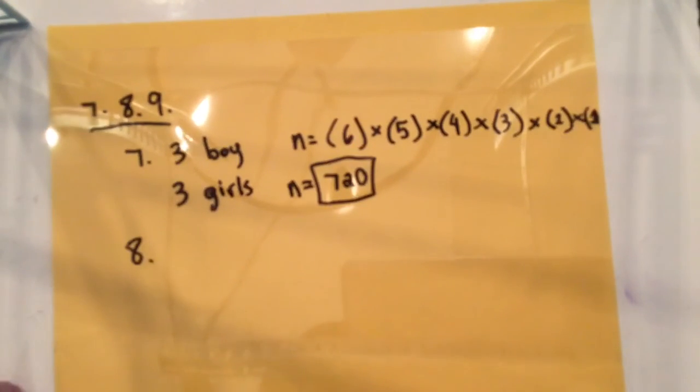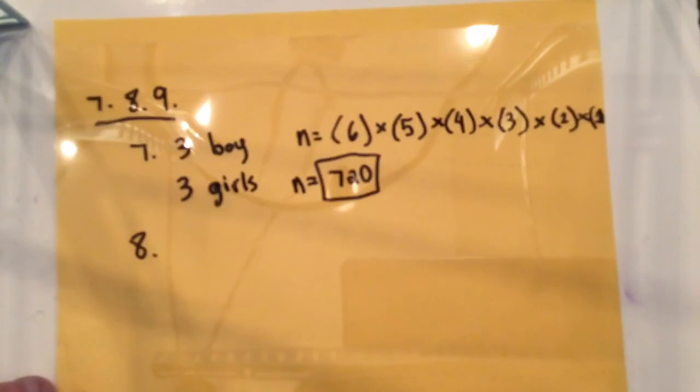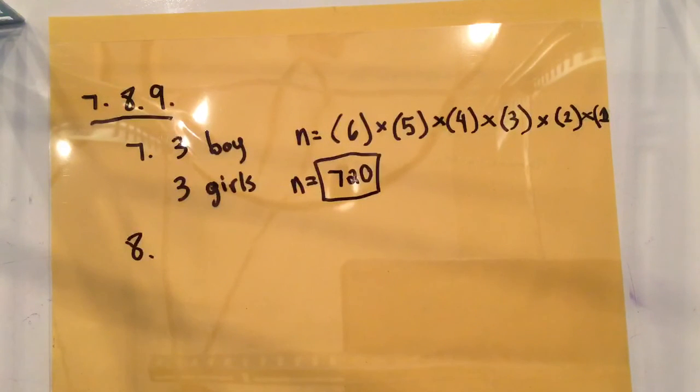Number 8 is basically just an extension to this problem, or just a continuation of it. Here, again, we got our 3 boys, 3 girls, and so now it wants us to find the number of possible ways that we can arrange them if the 3 boys have to sit together and the 3 girls have to sit together.